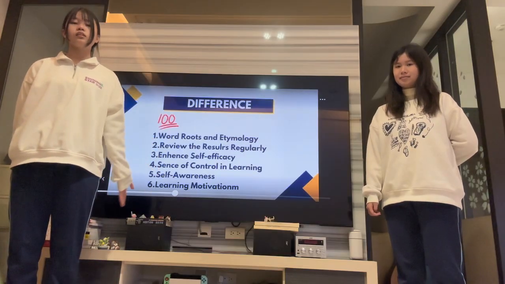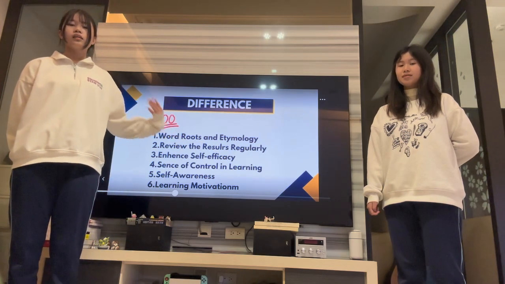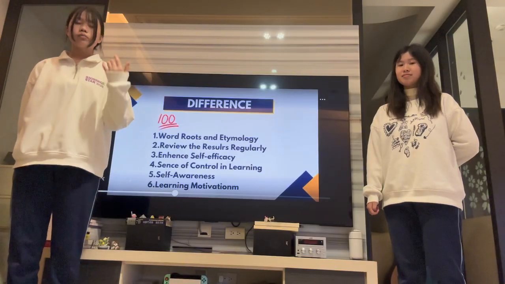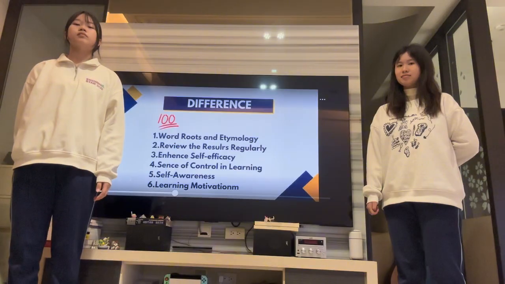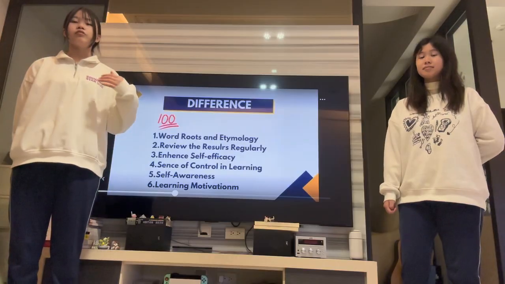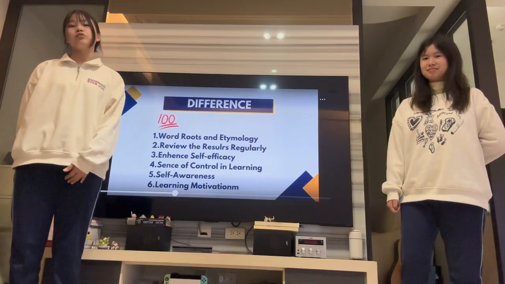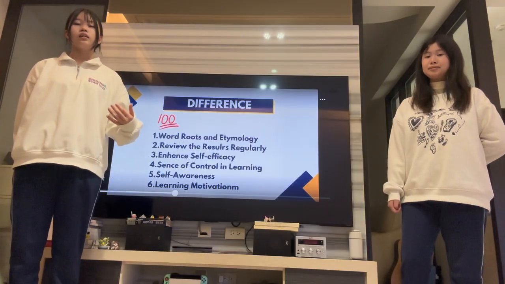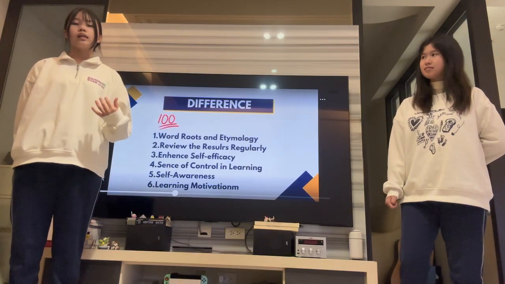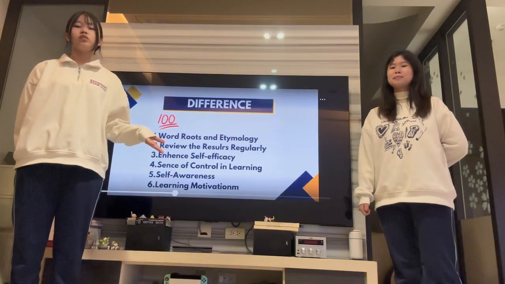High-achieving students use effective strategies such as learning words, roots, and etymology instead of only rote memorization. They review regularly and reflect on their mistakes. They also believe they can improve, which strengthens their self-efficacy.